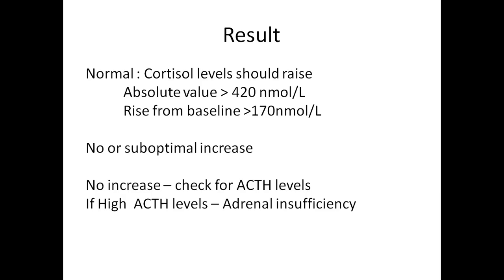So if we find that at the 1 hour sample the value is more than 420 nanomoles per liter, and the difference between the 0 and the 1 hour value is greater than 170 nanomoles per liter, then we say that the adrenal cortex is functioning all right. If there is no increase or there is a suboptimal increase, we know that the problem is with the adrenal cortex.